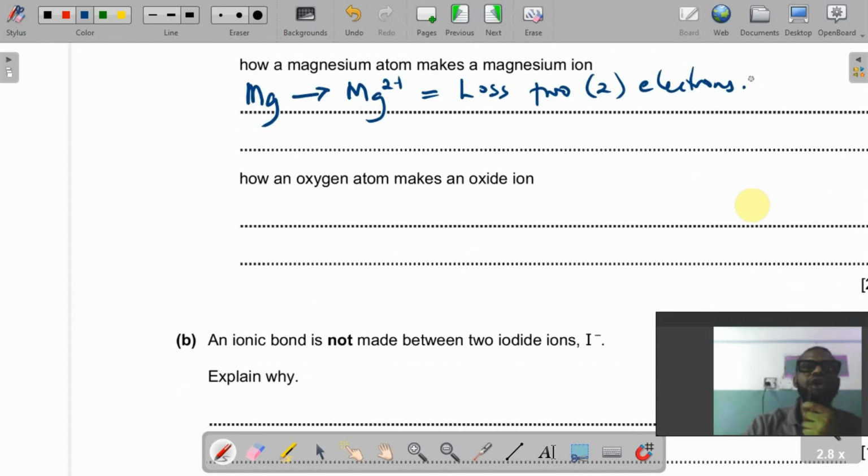For an oxygen atom to become an oxide ion, which is negatively charged, it will gain two electrons.